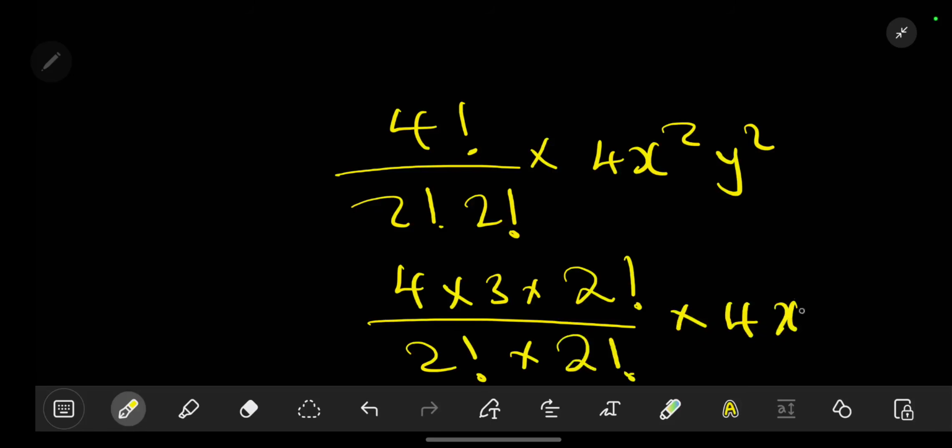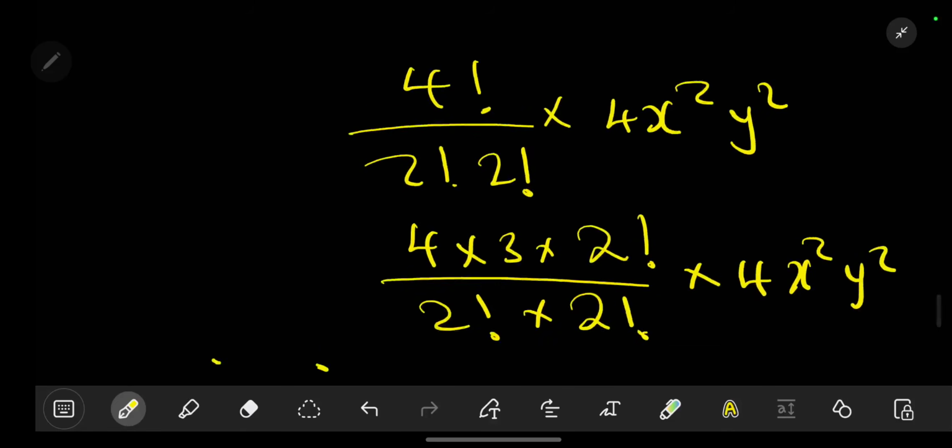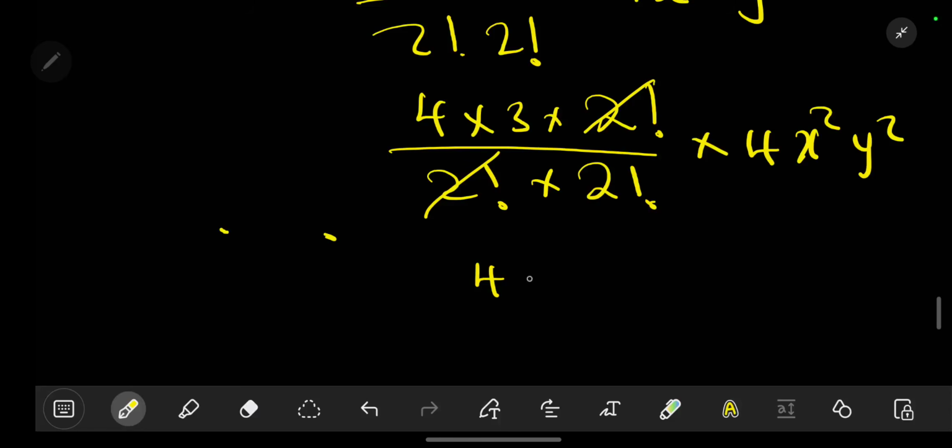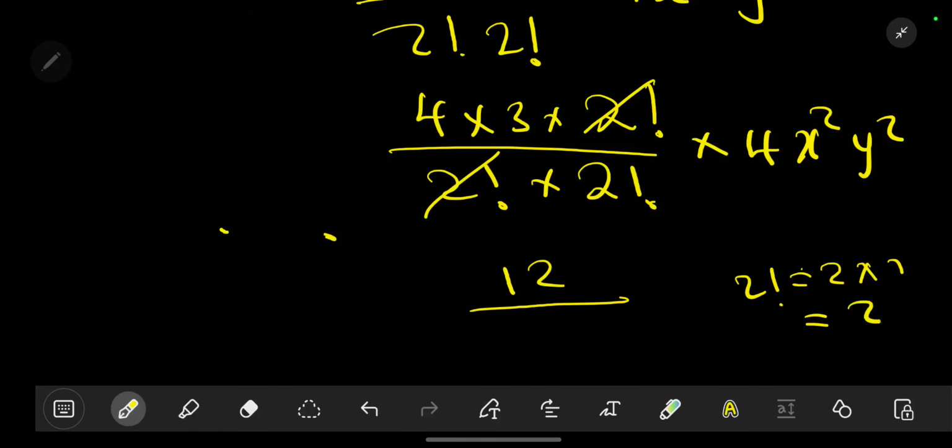Then we have times 4x squared y squared. So this and this will cancel. So we are going to remain with 4 times 3, which is going to give us a 12. 12 over 2 factorial will be equal to 2 times 1, which will be equal to 2.